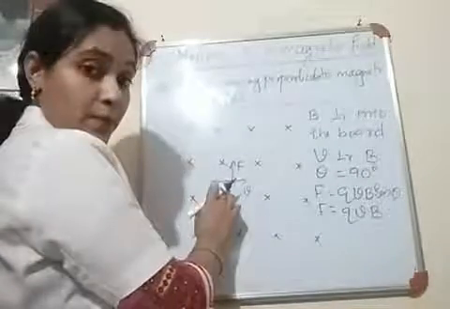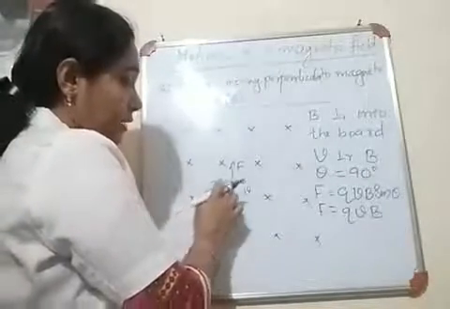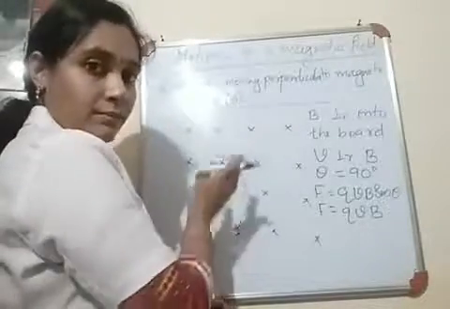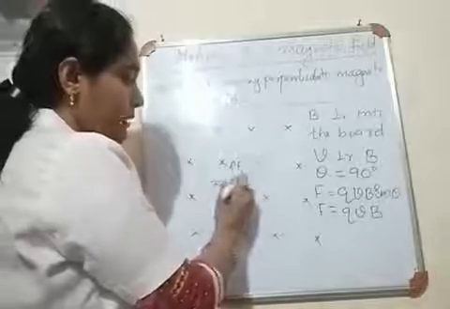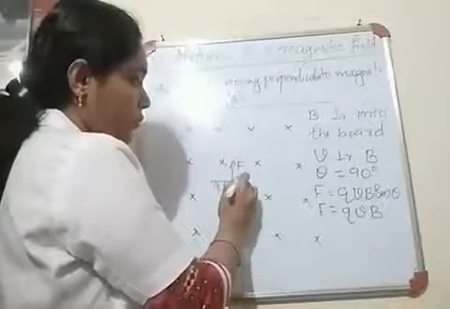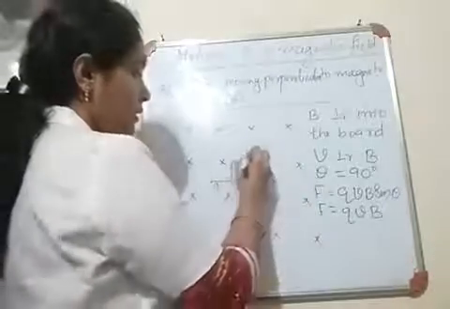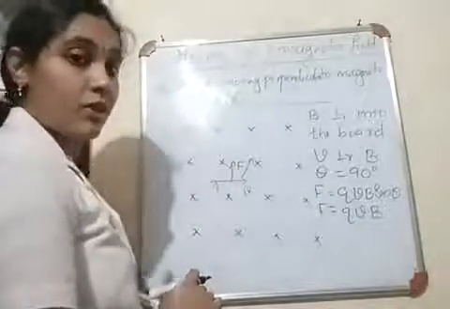Since it experiences a force in this direction, the charged particle deviates from its straight line path and it will move like this. Now this will be the path of the charged particle.